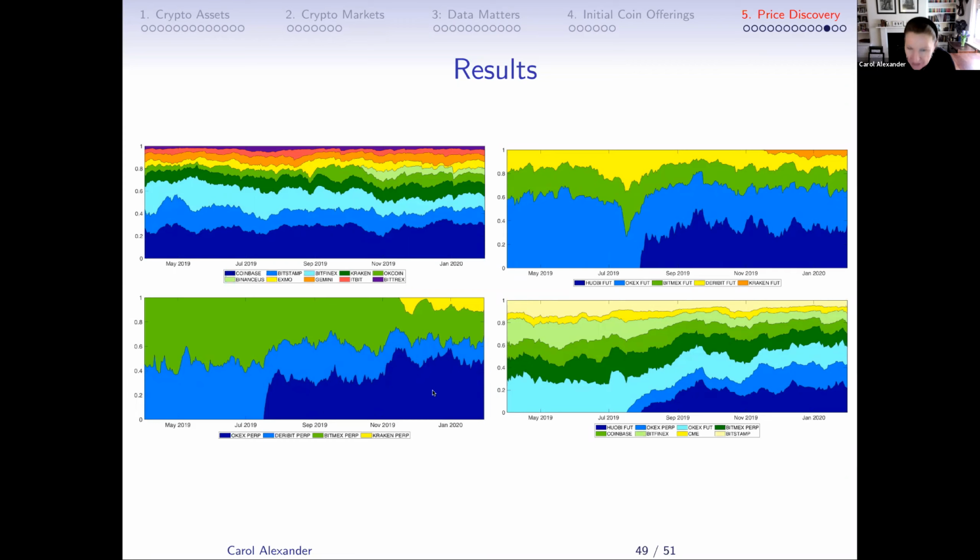Oh, sorry, this is OKEX perpetuals, and this is Huobi. I should change the colours of those, I suppose, blue being the recent one. But OKEX is very similar to Huobi as well. So Huobi futures here, OKEX futures here, OKEX perpetual there.